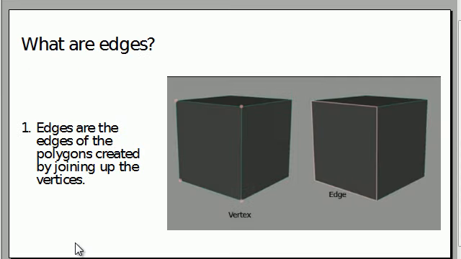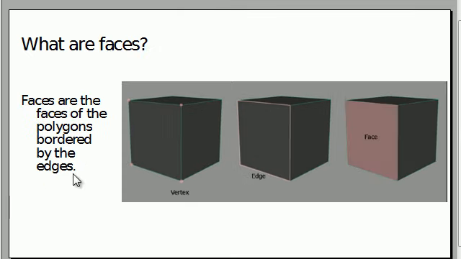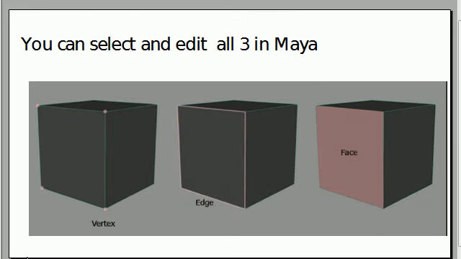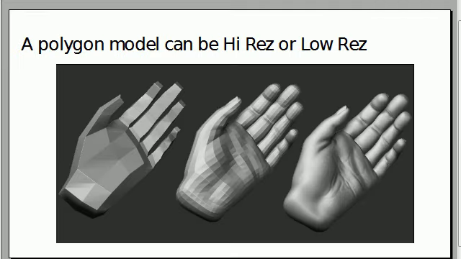The edges are the edges of these polygons that are created by joining up the vertices, and the faces are the faces of the polygons bordered by the edges. And you can select and edit all 3 of them in Maya. Maya will allow you to edit any one of these vertices, edges, or faces.